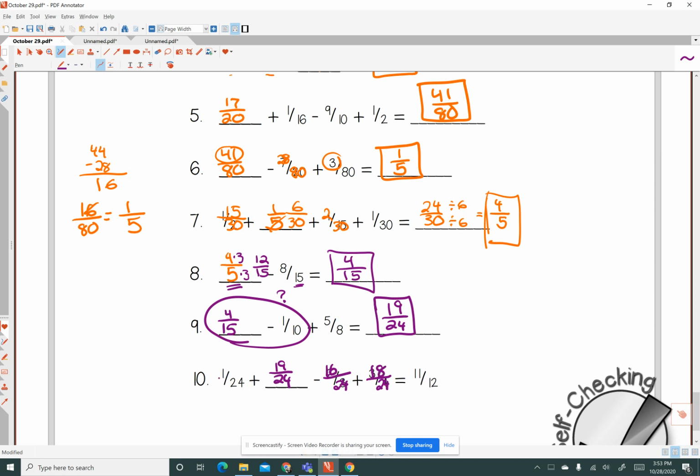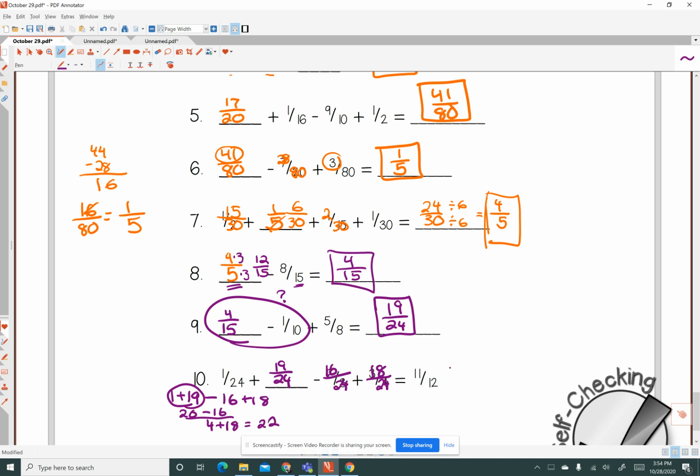So now we have 1/24, 1 plus 19 minus 16 plus 18. These are the numerators. So 1 plus 19 is 20, minus 16 is 4, and 4 plus 18 is 22.